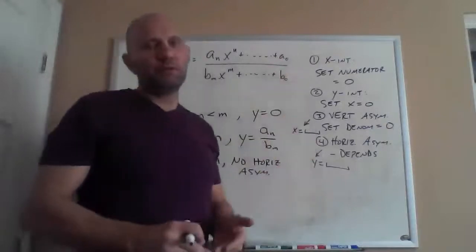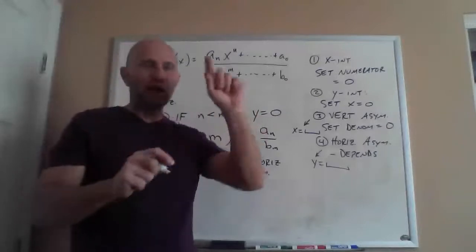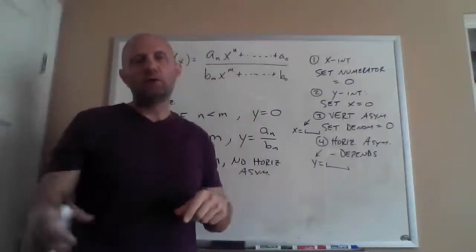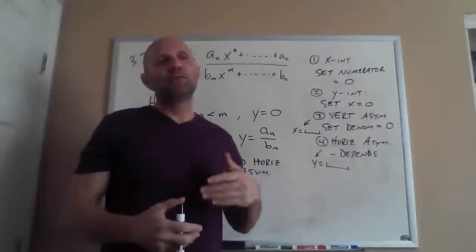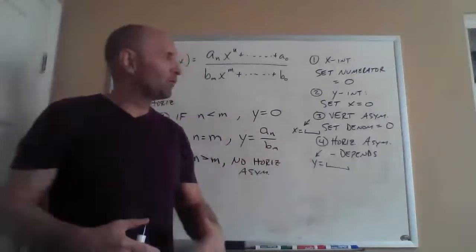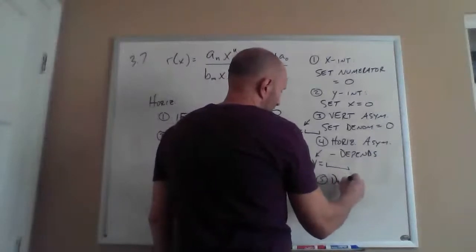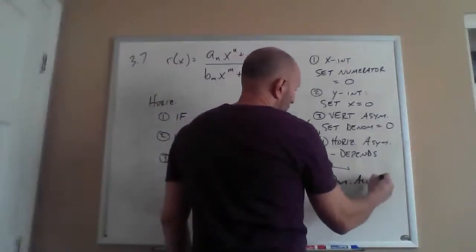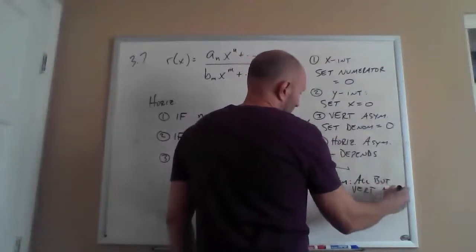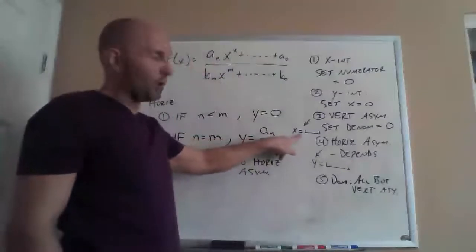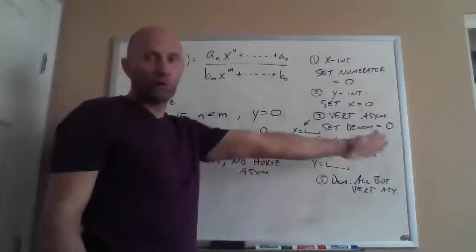Once you have these 4 pieces of information, it's easy enough to sketch this graph. You can put the asymptotes on, you can put the x-intercept, y-intercept, and you know where to draw the graph. Once you have the graph sketched, then it's easy to figure out what's my domain and what's my range. And I'll give you these little hints. So the domain is all but the vertical asymptote. So if my vertical asymptote is -1, then it's negative infinity to -1 union -1 to infinity.